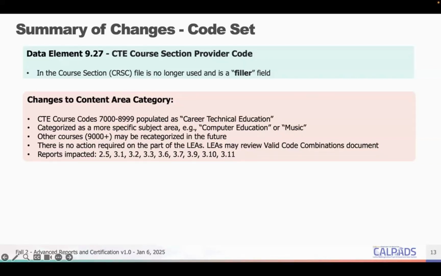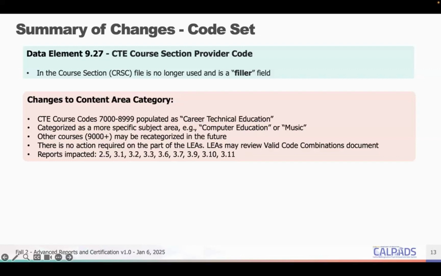So you folks can review what content area courses have been mapped into in the valid code combinations document. And version 16.1 of the valid code combinations document will reflect these changes, and it will be published fairly soon.